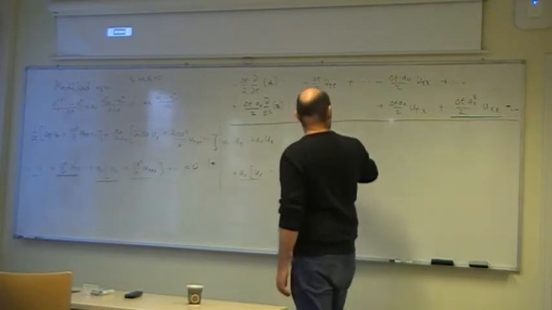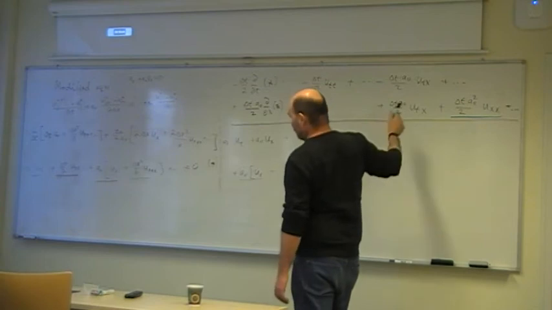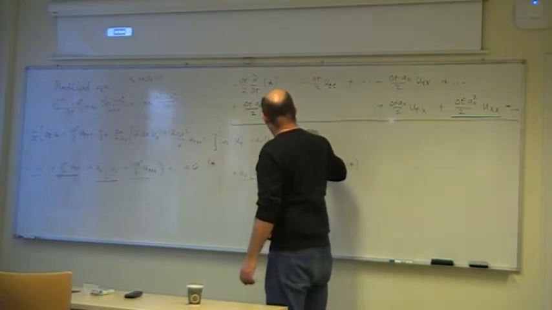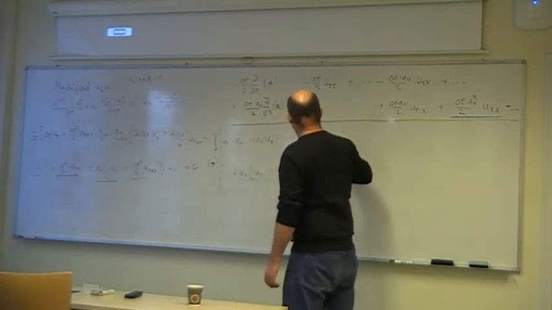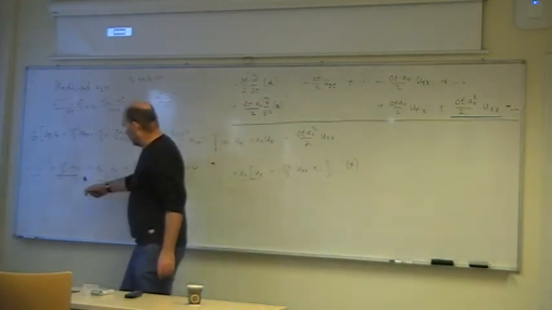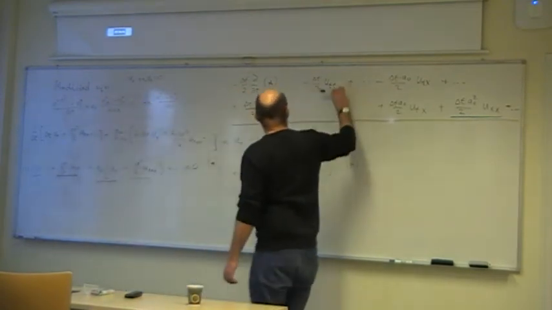Let's write it in. It should then read plus delta t a0 squared half uxx directly. That was caused by this, and then the double step we had to do, these two equations.